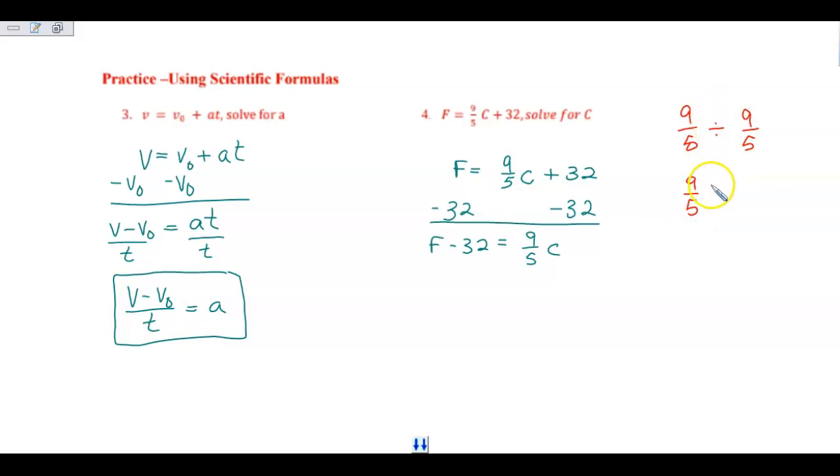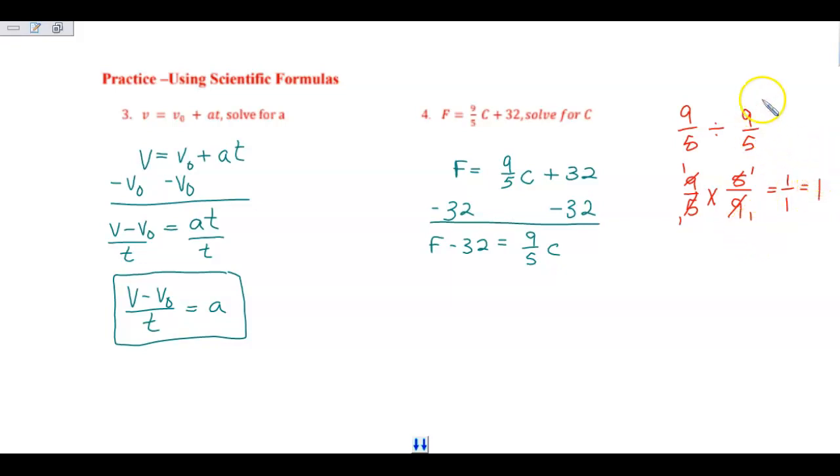The division changes to multiplication, and the reciprocal, or the flip, of the second fraction. Anytime I take a fraction and multiply it by its reciprocal, it's always going to be equal to 1, because the 9's will cancel out to 1 because they're both divisible by 9, and the 5's cancel out to 1's because they're divisible by 5. And so then I get 1 over 1, which we all know is 1.